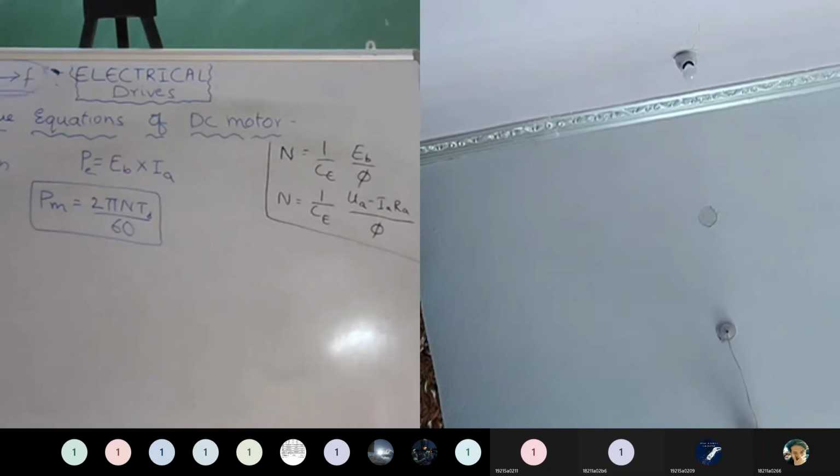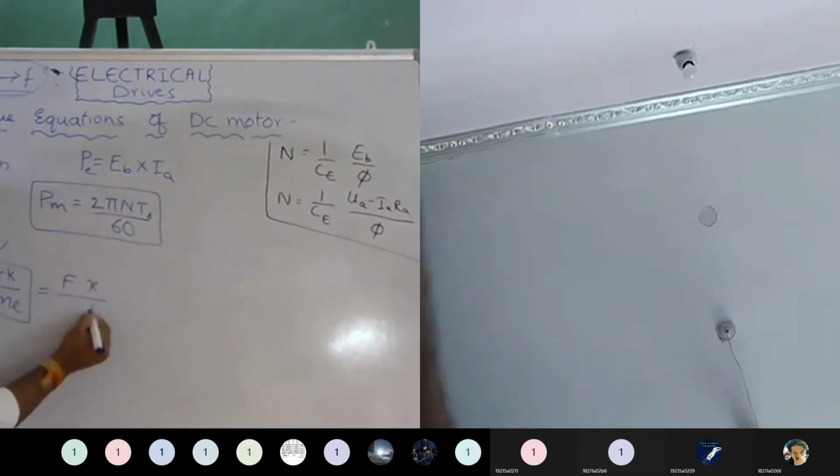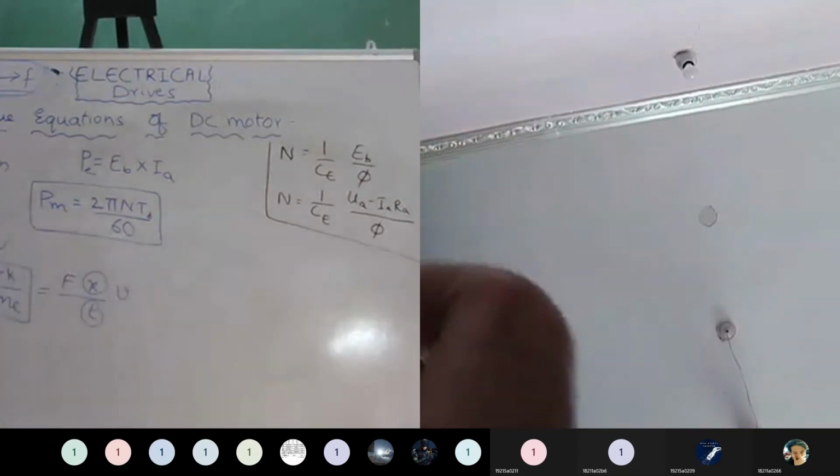You apply some force and it travels some distance x. This is the work you have done. So power is equal to work by time. So work is equal to F into x, divided by t. Again, distance by time, you will consider as a velocity.